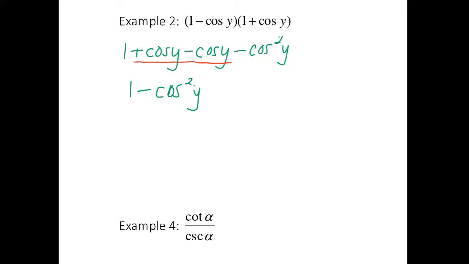I feel like we've seen this before. What you should be thinking about is that this is a derivation of the original Pythagorean identity. So if you remember, you can just simply write that this is equal to sine squared of y. If not, then you can take sine squared y plus cosine squared y equals 1 and get the 1 and the cosine squared on the same side that way.